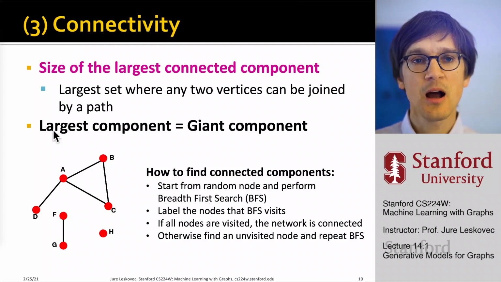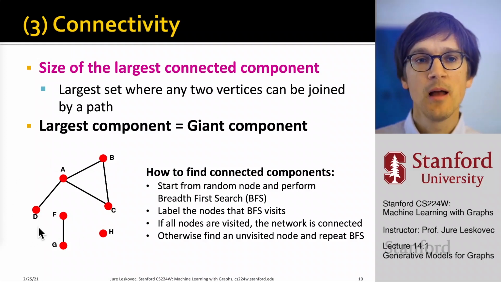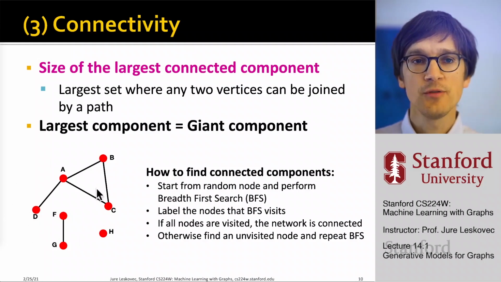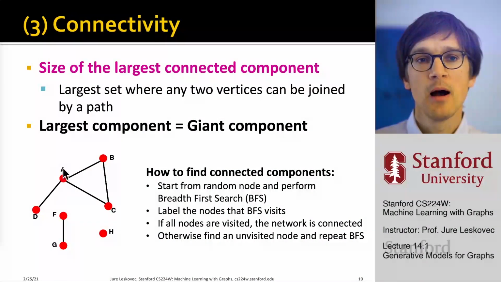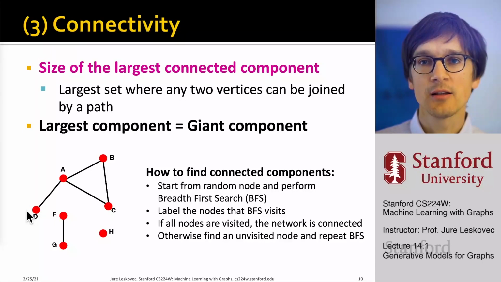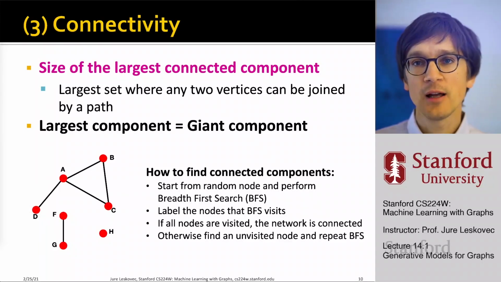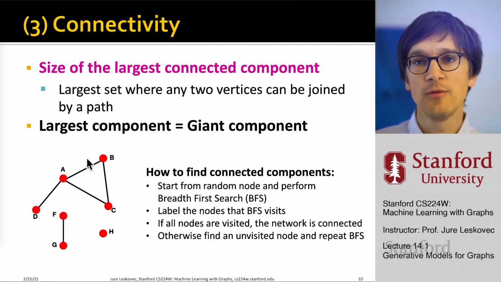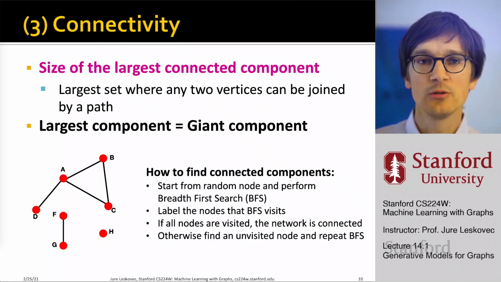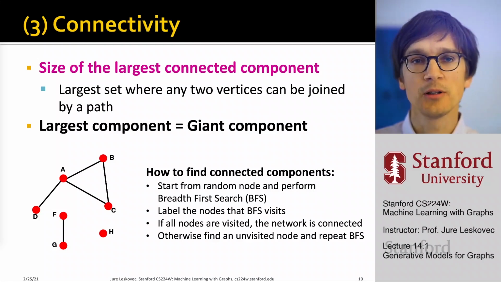So if I have some graph that may not be connected, I'm asking what fraction of nodes are in the largest connected component, where a connected component is simply a set of nodes that can reach each other, let's say on an undirected network. The way I find connected components is by simple breadth first search. And I would say that a giant component exists if this largest component is large, I know, more than half of the nodes belong to this largest connected component.